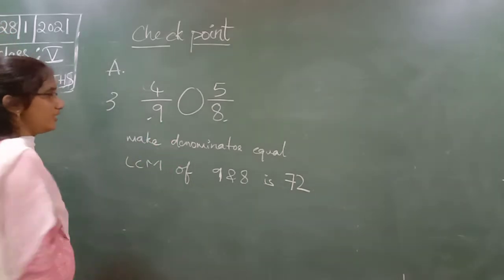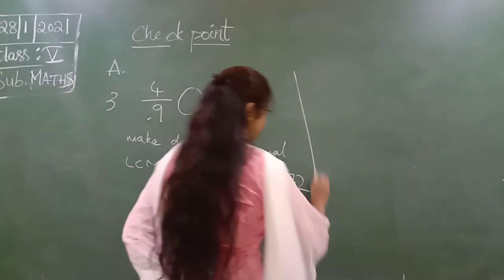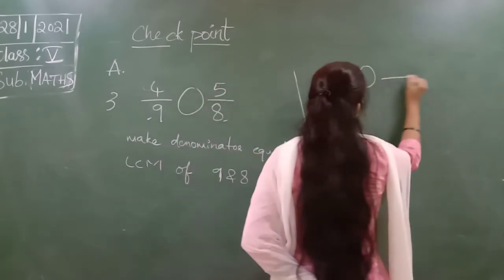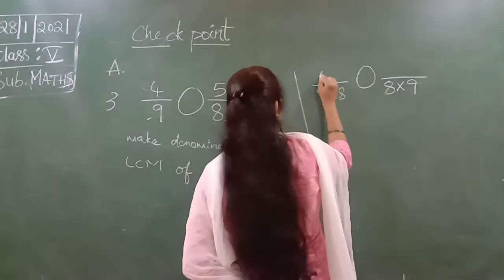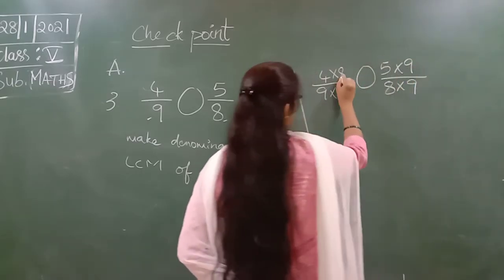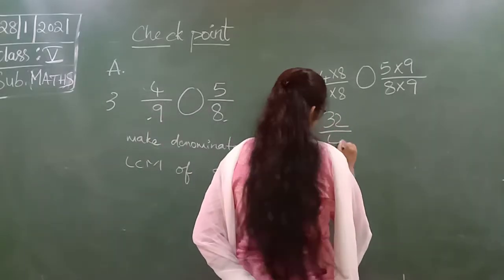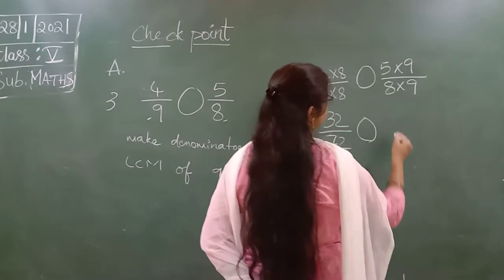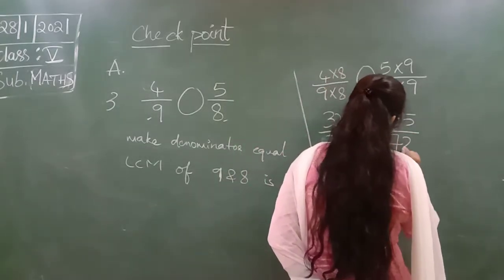To get 72 from 9, we have to multiply by 8. And from 8 we multiply by 9. The same number should be multiplied in the numerator. 4 into 8 is 32, so 32 by 72. 5 into 9 is 45, so 45 by 72.